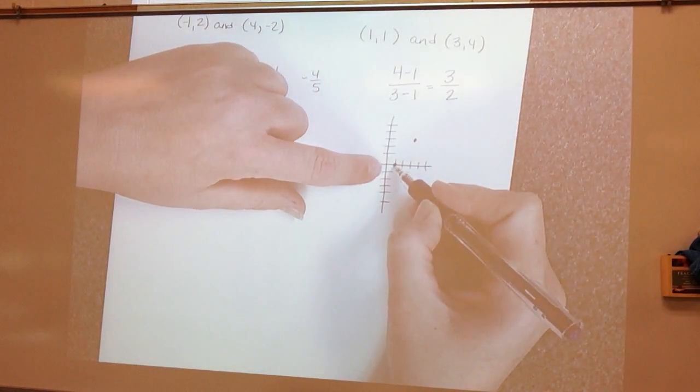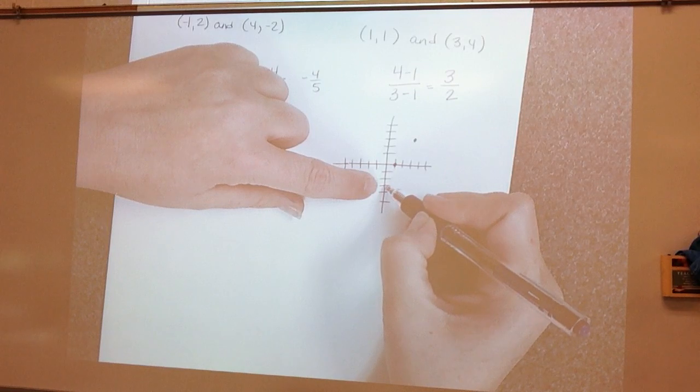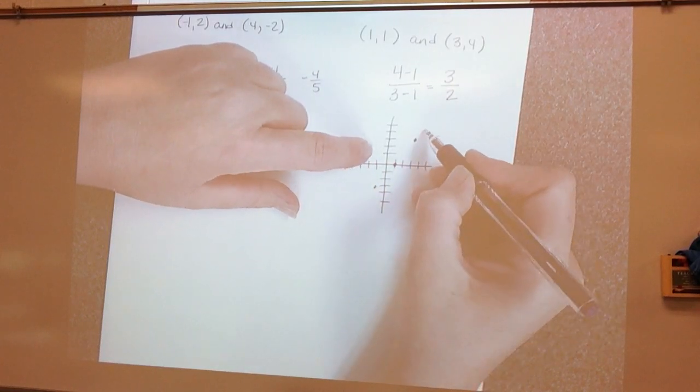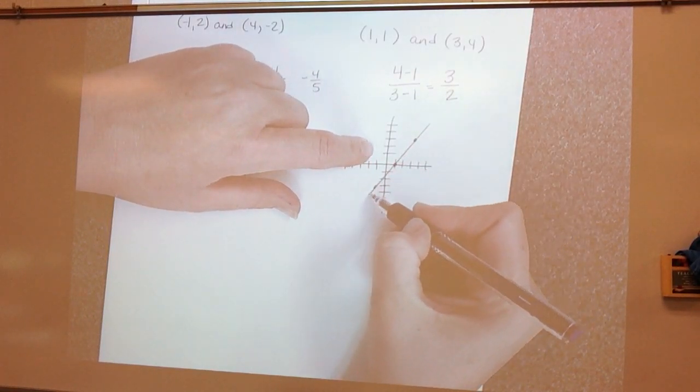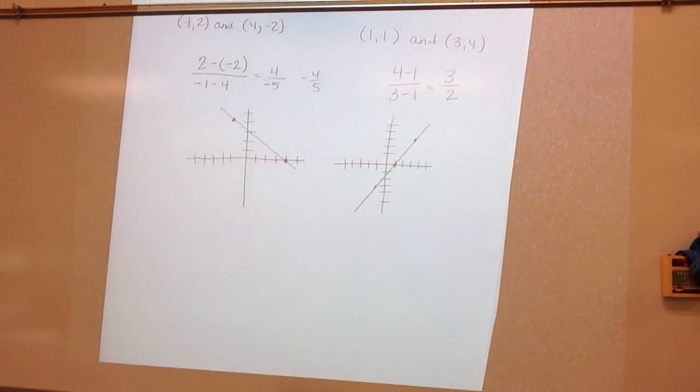So I could go down 3, 1, 2, 3, 1, 2. So this one's going to have a positive slope. It's going to go up. And they've graphed them in your book also, so you can see that. Figure P.23 shows a vertical line. Remember we said vertical lines have undefined slopes.